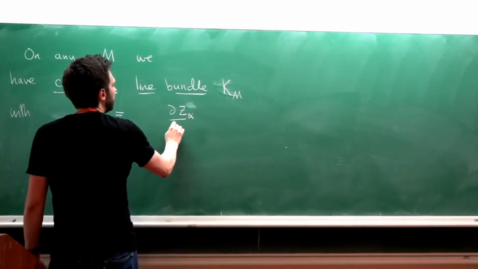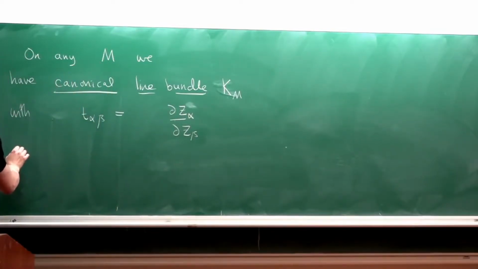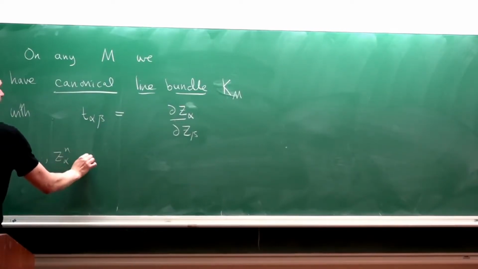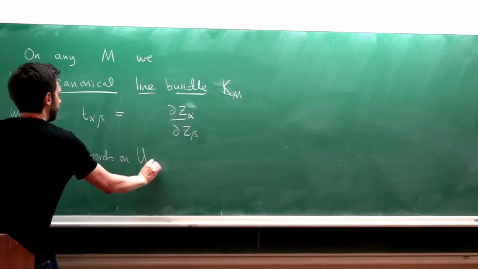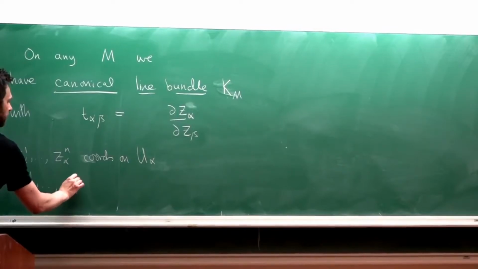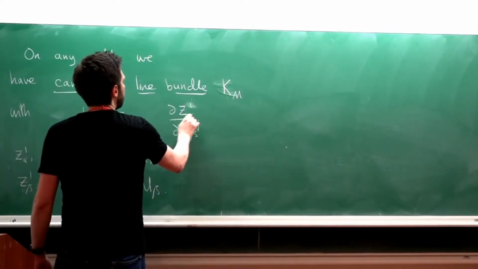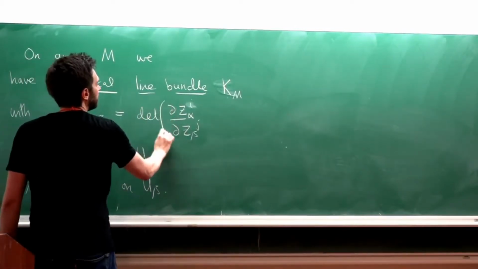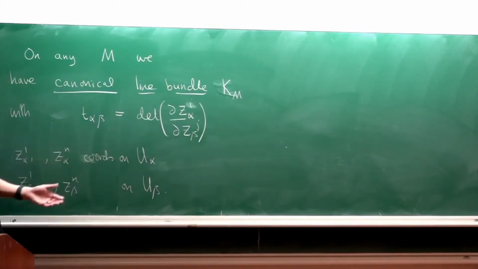So take dz alpha, dz beta. So we have coordinates z alpha 1 through z alpha n on U alpha, and then z beta coordinates on U beta, and then you can look at the determinant of that. That's an n by n matrix. You look at the determinant.